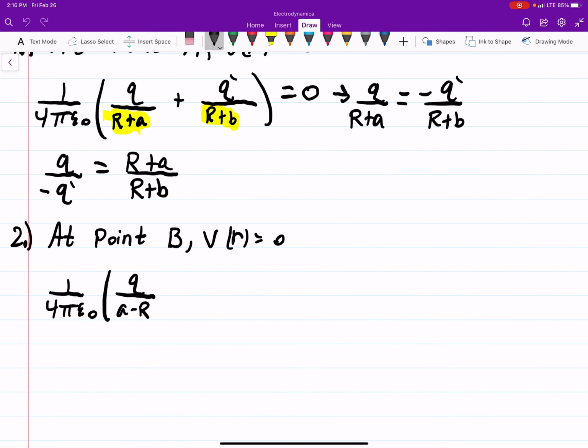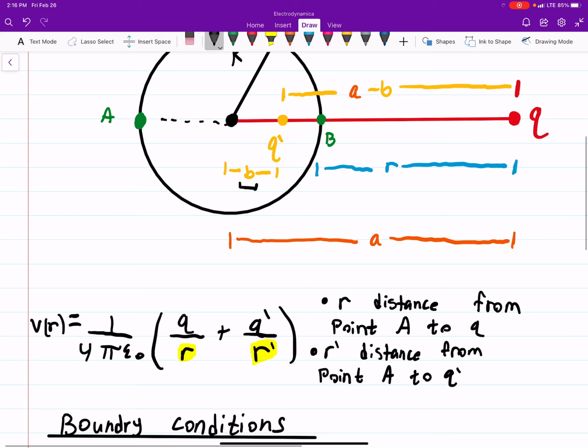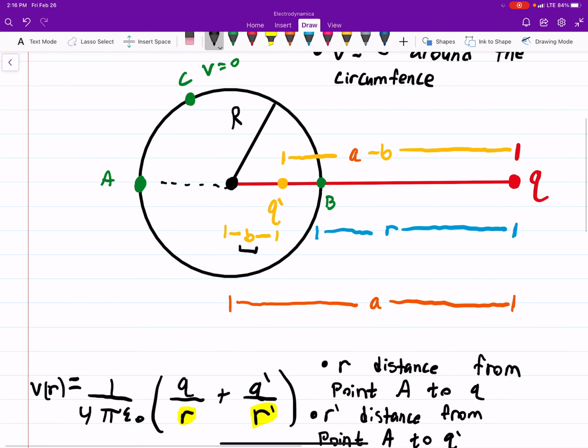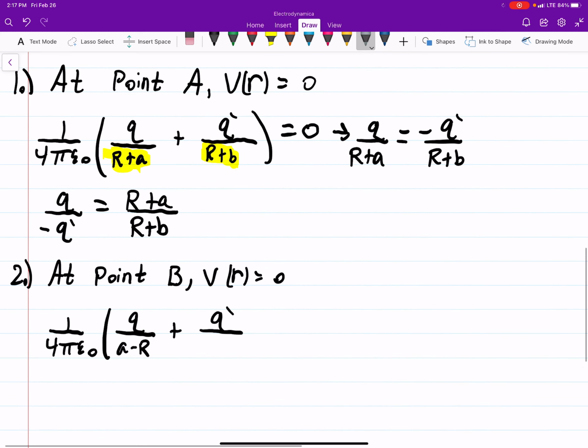And then plus our imaginary charge Q prime over, so for Q prime, this time we're going to do R and we're going to subtract B. Okay? So if you take the radius and you subtract that portion, you'll be left with just the distance that it is from the point B. So this will be R minus B. I think everyone's okay with that.